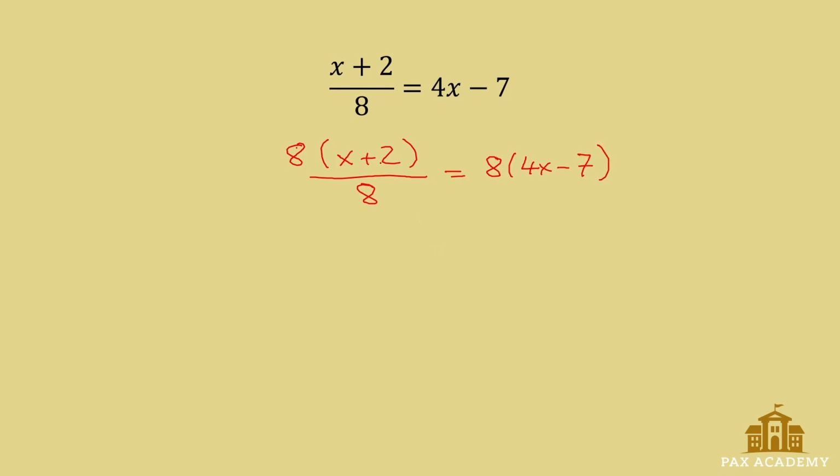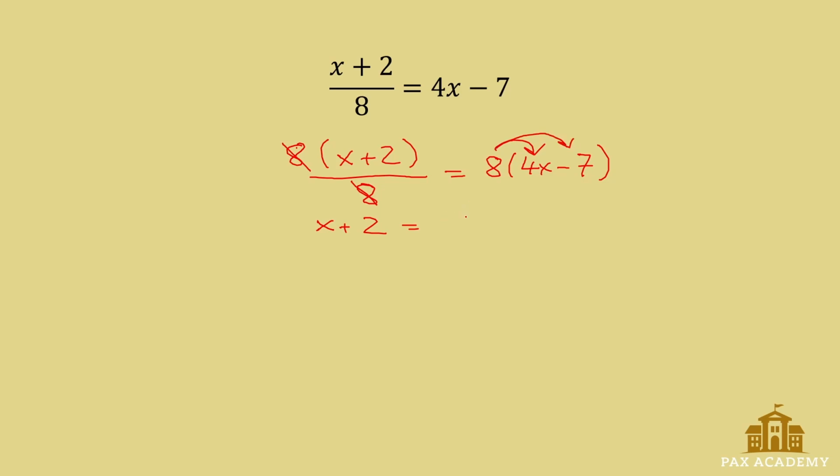Okay. Now, on the left hand side, before we expand 8 times x plus 2, we can see that it's also divided by 8. And if we do 8 divided by 8, this is simply equal to 1. So we can essentially get rid of this. And we're left with x plus 2. However, on the right hand side, we do need to expand. So we do 8 times the 4x, and then 8 times minus 7.